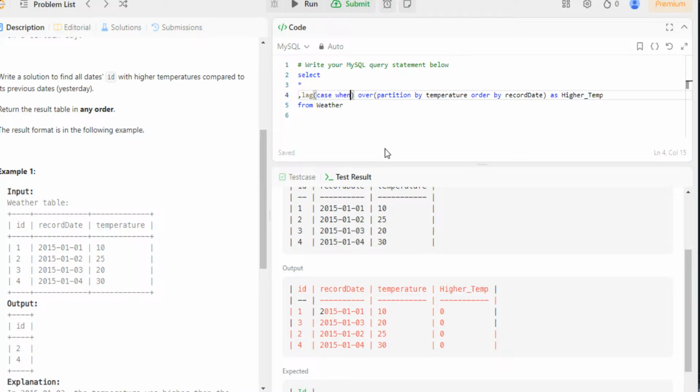Case when. I have no idea if this is going to work. We're going to try this. Case when. Let me make sure I'm reading this right. Order by sale, order by date.